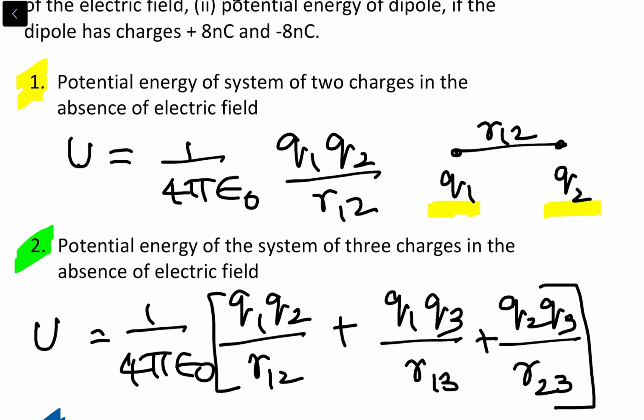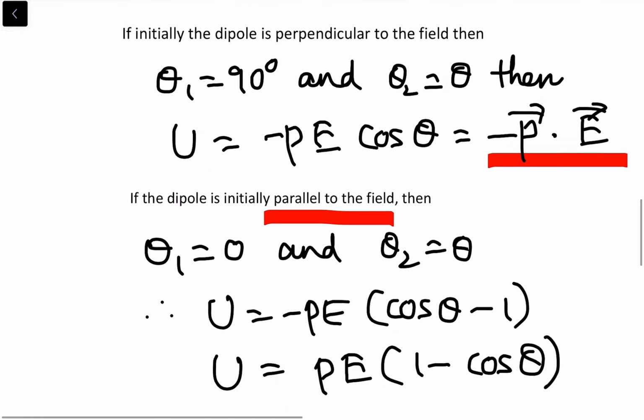Final means we have to take the distance as 5 centimeters. Initial means we have to take the distance as 10 centimeters. So substituting in this particular formula, we will solve that problem now.